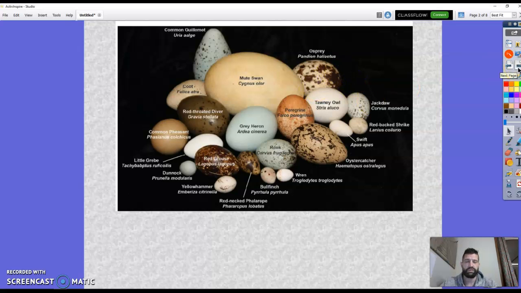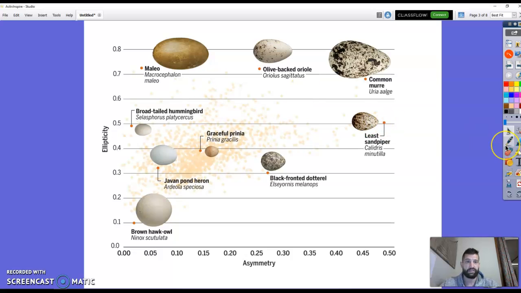Okay, so the asymmetrical eggs, and this is what they came up with. So they charted thousands of eggs by egg size. So what they found out is you can see that this egg here of an oriole, which flies a lot, if we cut it in half this way, it's much bigger on the left than it is on the right.